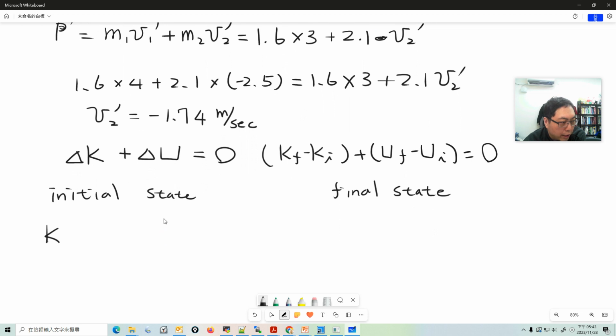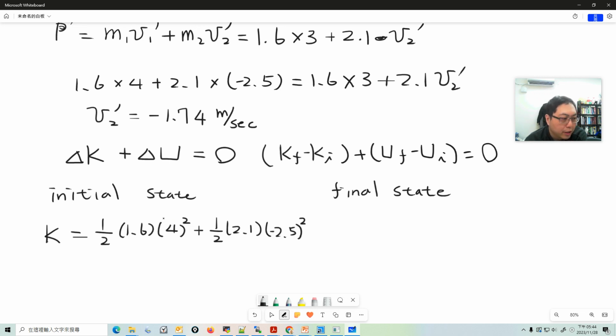Initially we have two objects moving in opposite directions, so we have two kinetic energies. So 1/2, m1 is 1.6, and its velocity is 4, I remember it's 4, plus 1/2, m2 is 2.1 kilogram, and its velocity is minus 2.5.